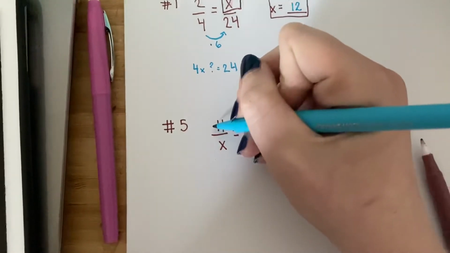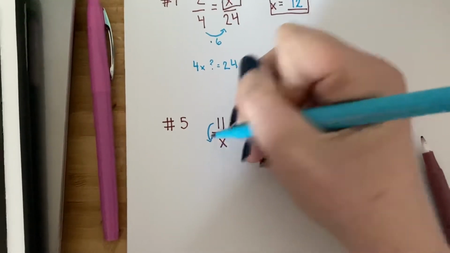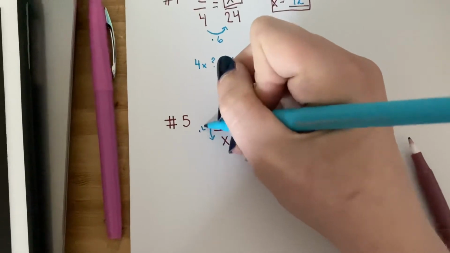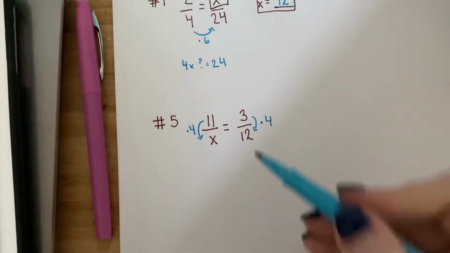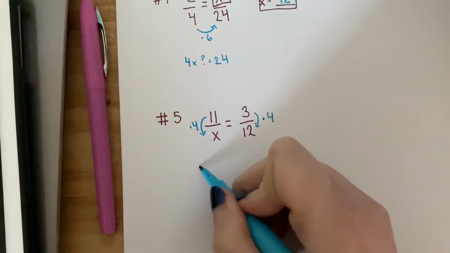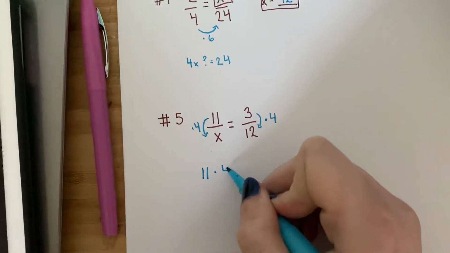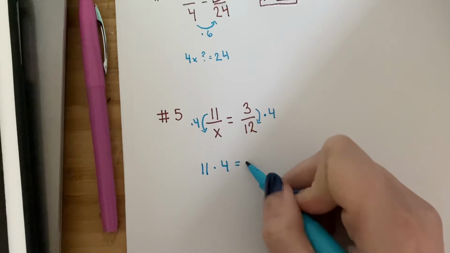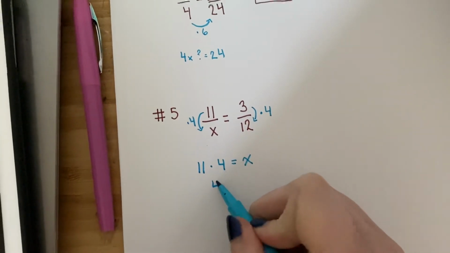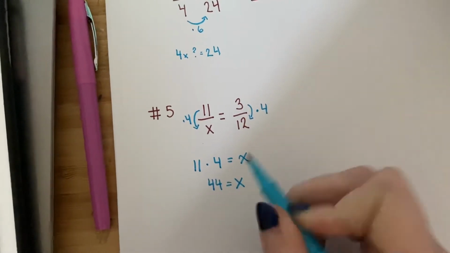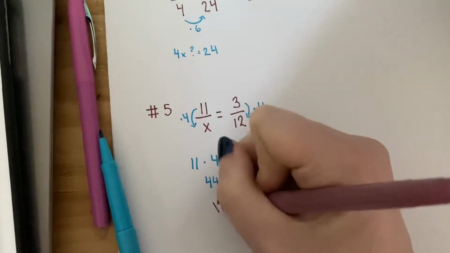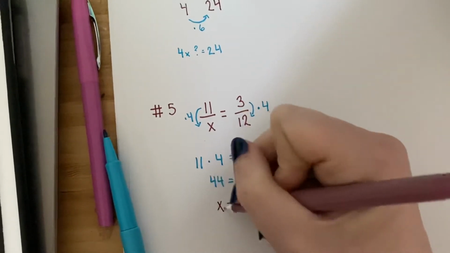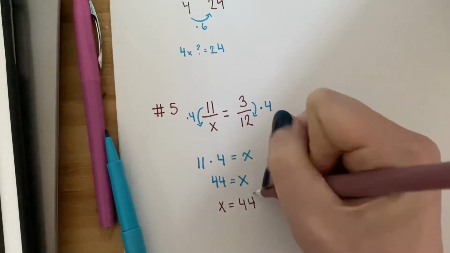So I go from what I know to what I don't know, and I'm going to do the same multiplication, the same operation with the same value. So 11 times 4 is equal to x. So 44 is equal to x. But I know that in these problems, they want me to write everything as x equals something. So I need to write x equals 44 to get this one correct.